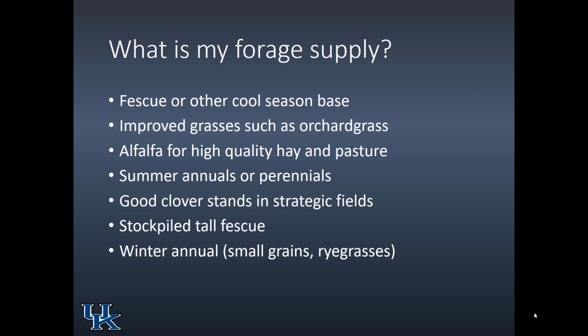Summer annuals or perennials, good clover stands in strategic fields, stockpile tall fescue to help you with forage in the fall, and winter annuals in some cases, like small grains or ryegrasses or others, to help in the very early spring and sometimes in the fall as well. So these are options that are very commonly found and used here in Kentucky.